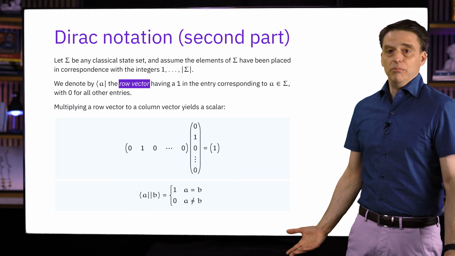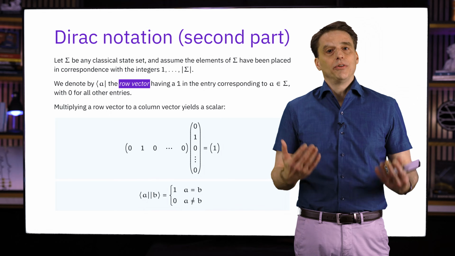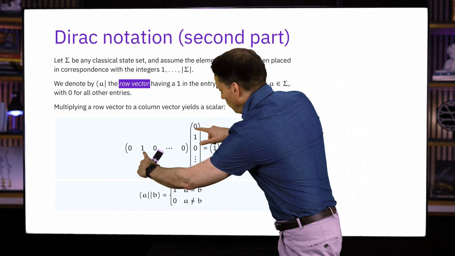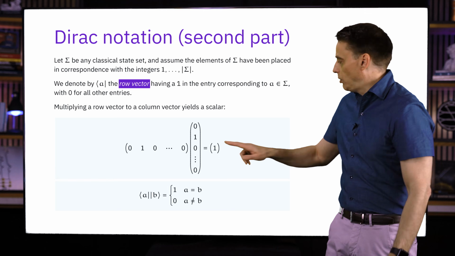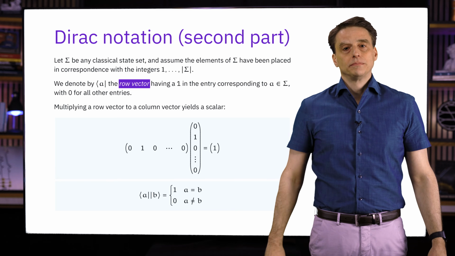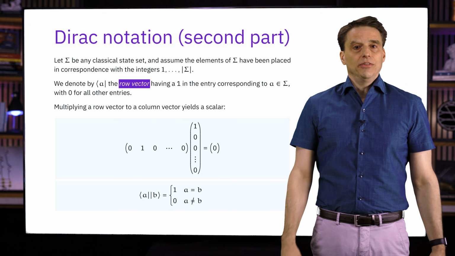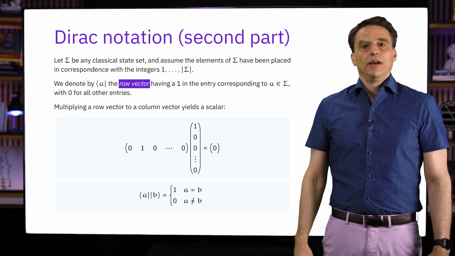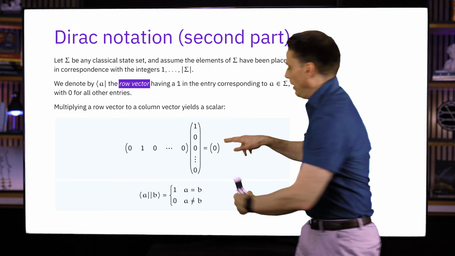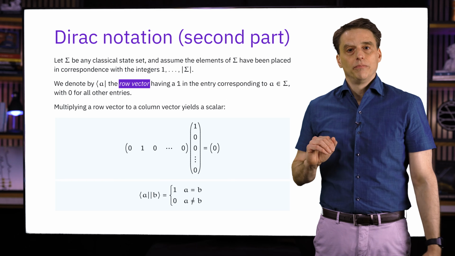One is that A and B are equal, so they're the same classical state, in which case the 1's will line up and the product will be equal to 1. Or it could be the case that A and B are different, and so the 1's don't line up and the product is equal to 0.